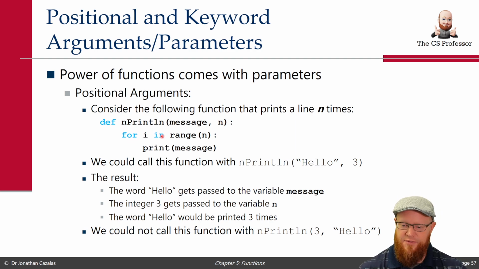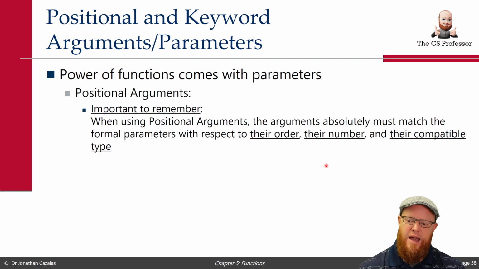But now when I say for i in range hello, that wouldn't work, right? It doesn't make sense. So the takeaway here is we were expecting a string followed by an integer, the number of times. So when we call the function, in the actual parameters, we need to send over a string followed by an integer, right? This is the idea.